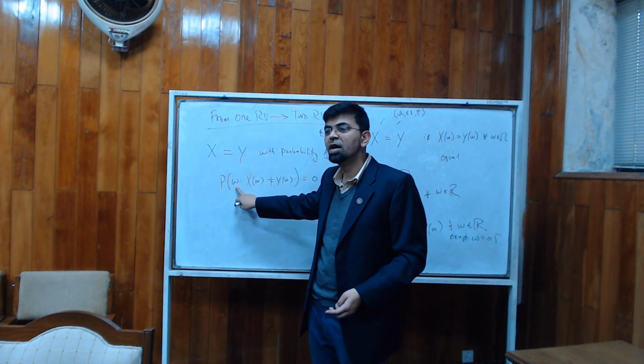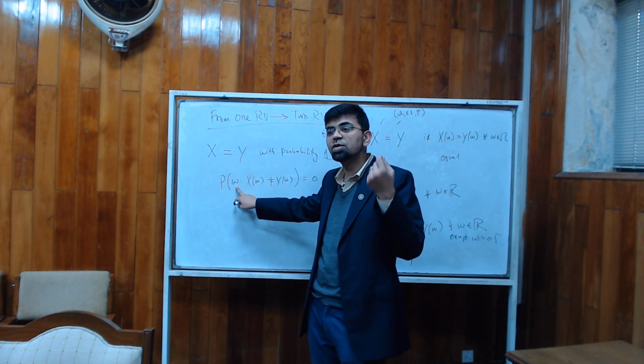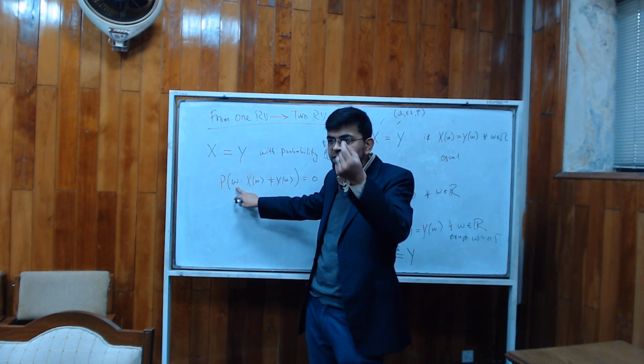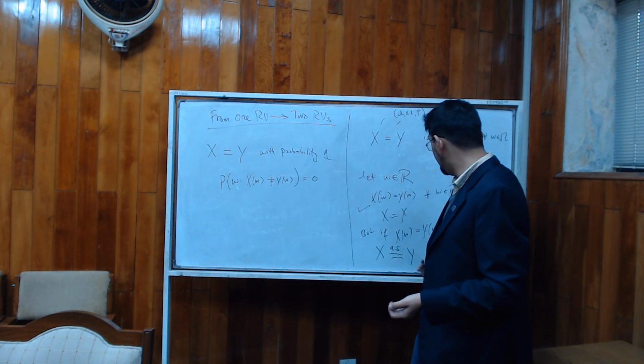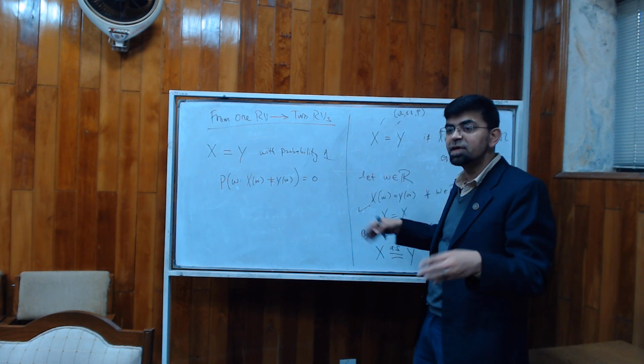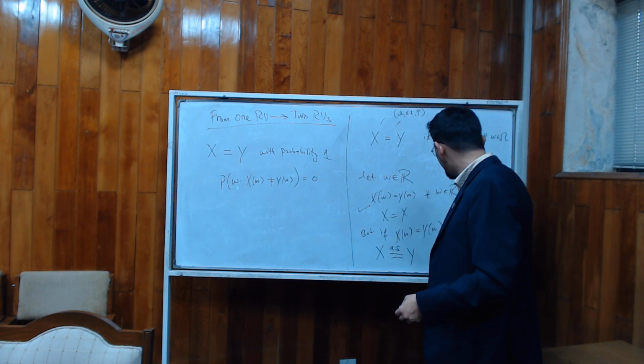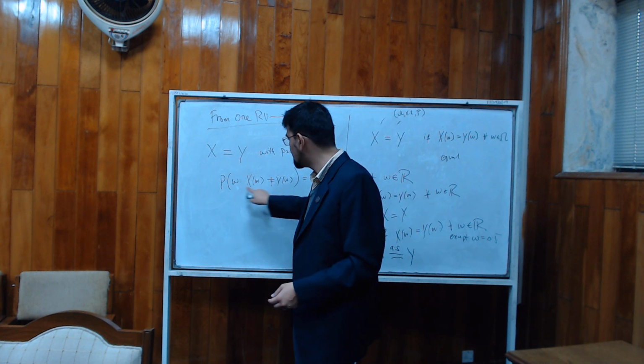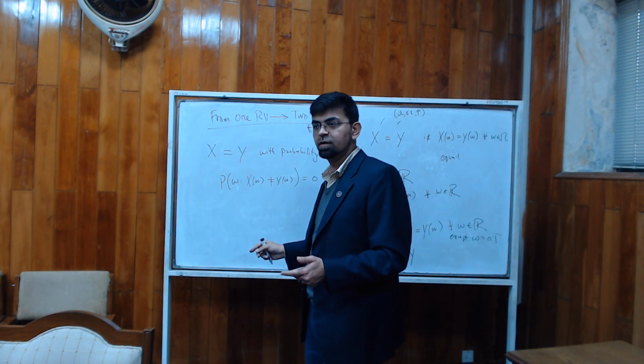What are the chances, among those infinite ones, that you will find this? Let's say for this case, what are the chances, from a probability theory point of view, that you will find exactly that one point where they are unequal?